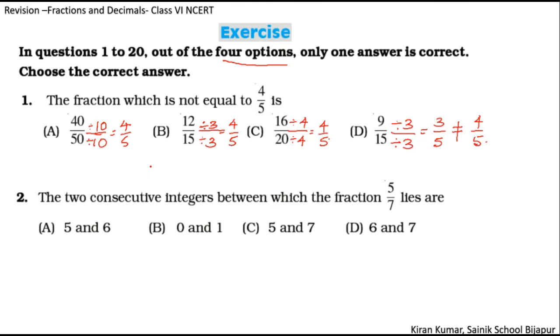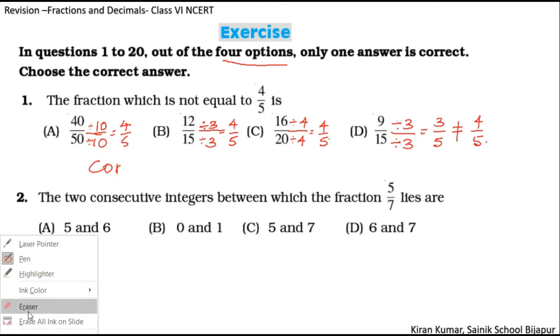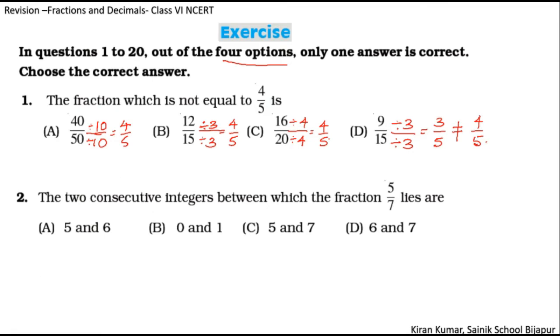So in this particular case, we have 3 by 5 in option D, which is not equal to 4 by 5. So the answer is option D, 9 by 15.